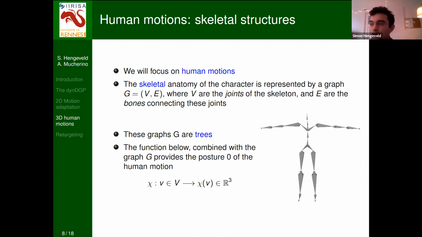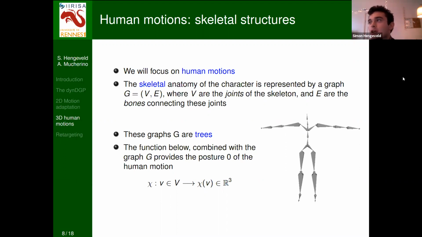In our project, these graphs were a tree, where the root node of the tree was the hip. If you have such a tree, then we can provide a posture, the first posture of the human motion, using the function on the slides. We can look at the embedding in 3D space.